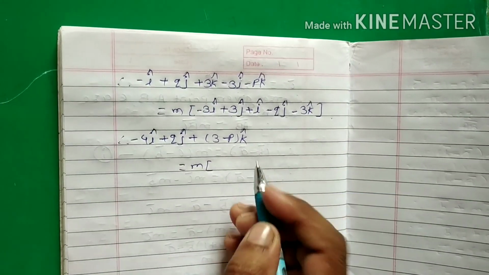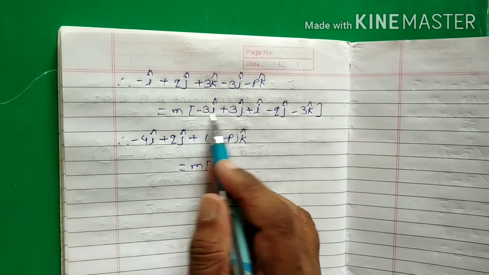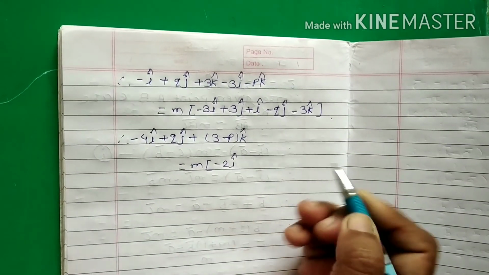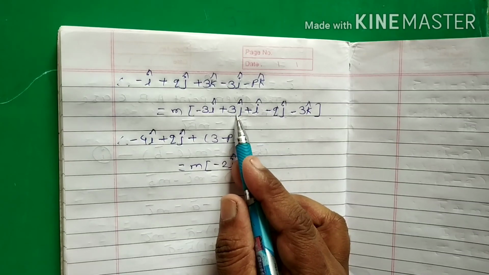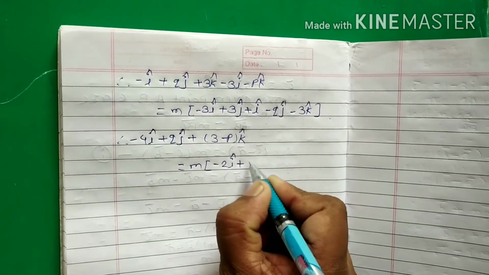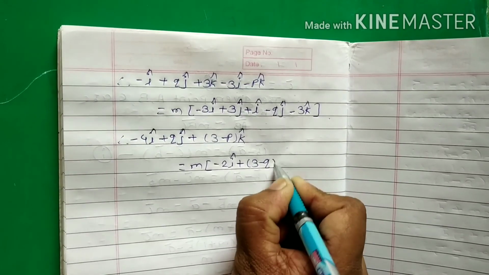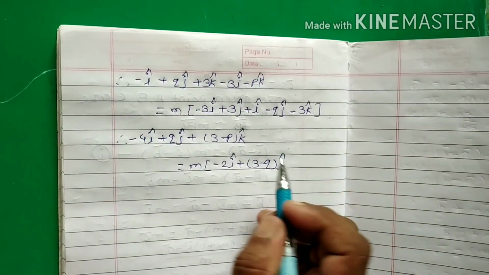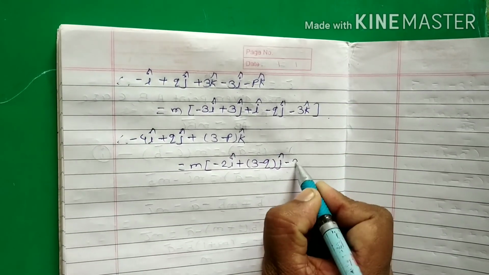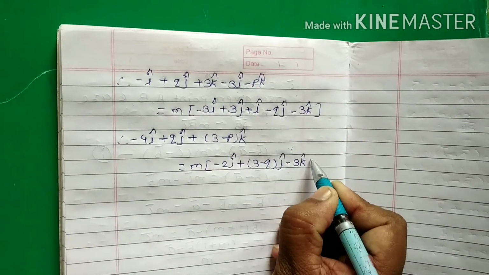m in bracket minus 3i cap plus i cap, we get minus 2i cap. Then 3j cap minus q j cap, j is a common term and the remaining term we write 3 minus q into j cap. Minus 3k cap, only minus 3k cap.